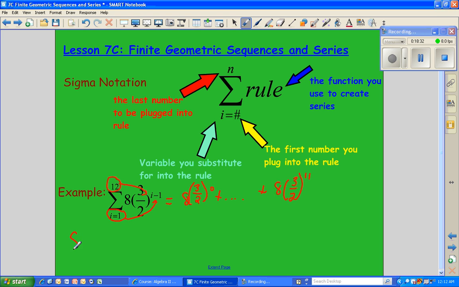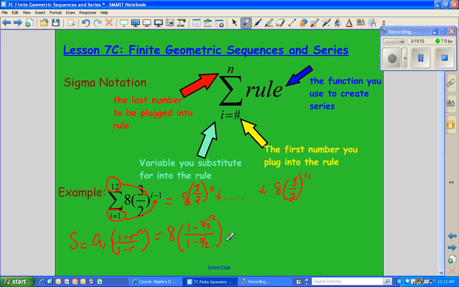And so if you just use your sum formula, S sub n equals a sub 1, 1 minus r to the nth over 1 minus r. All right, a sub 1 in this case is 8. 1 minus the 3/2. Now n is the number of terms in the sequence. If you start with 0 and end with 11, that's going to be 12 terms in the sequence.